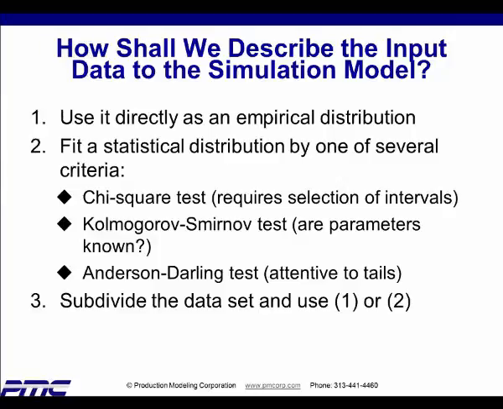Or you could fit a statistical distribution like Weibull, log normal, gamma, beta, and so forth by using one of 3 commonly used packages that do exactly that work. And the package can be told to use any one or all of these methods whose fancy names I put on the slide.